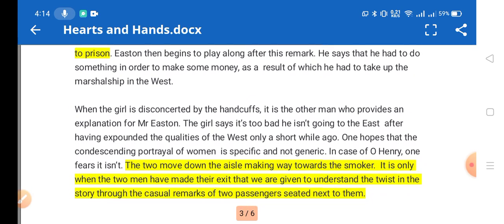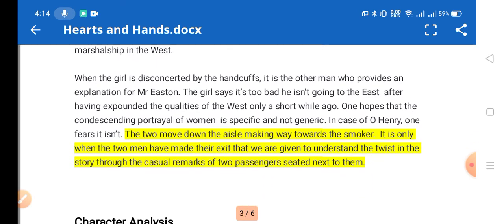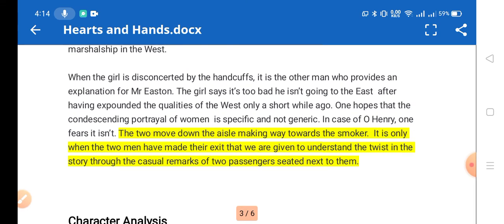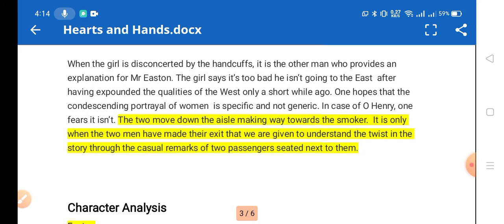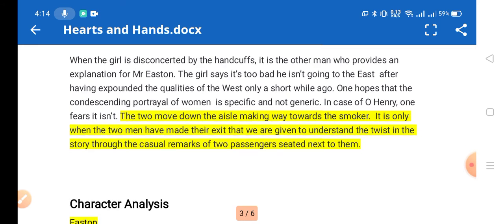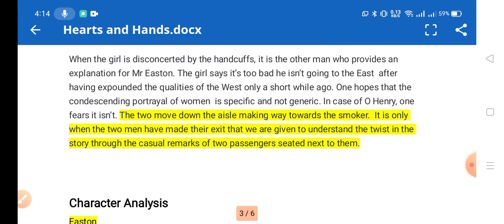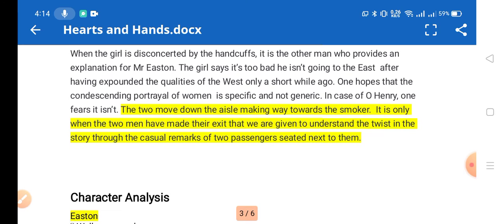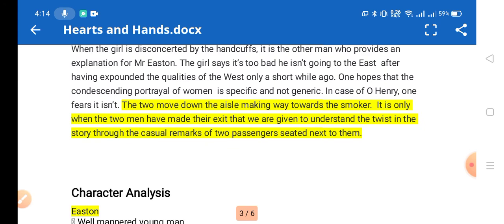Mr. Easton and the woman, and when the girl is disconcerted by handcuffs, it is the other man who provides the explanation. As I already told you, Mr. Marshall told her that actually he's the prisoner and Mr. Easton is the marshal. It's a lie, actually.